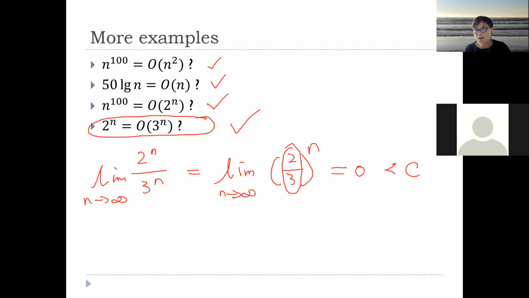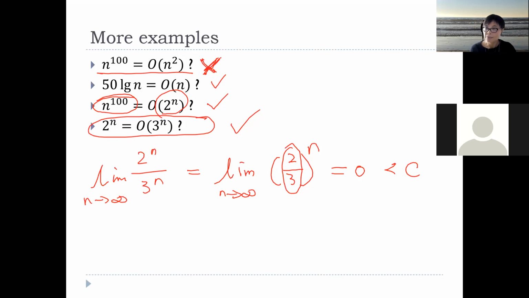Number 2, polynomial functions are intuitively bounded from above by exponential functions, because as n becomes large, an exponential function always grows faster. And if they're all polynomial functions, then it depends on what your exponent is, of course. Sorry, this is wrong. This is the wrong direction. The first one is wrong. The remainder are all correct.